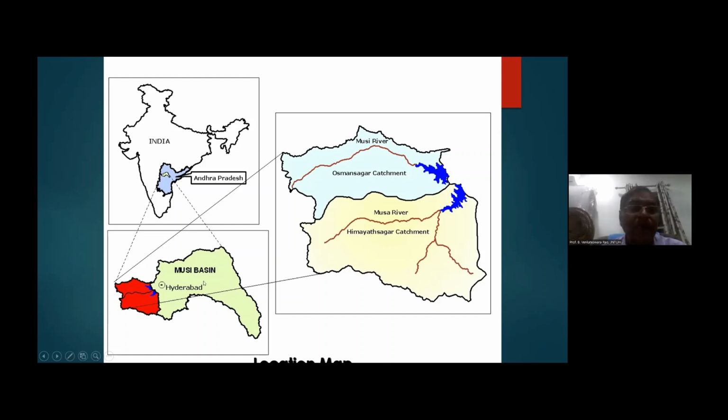The entire Musi Basin is this, beyond Hyderabad are rural areas, and this is the urban area. These are the two reservoirs ahead of Hyderabad on these two rivers. Once upon a time they used to supply surface water for drinking purposes for Hyderabad. Let us look at those two reservoirs and how surface water and groundwater have been interacting over the years.